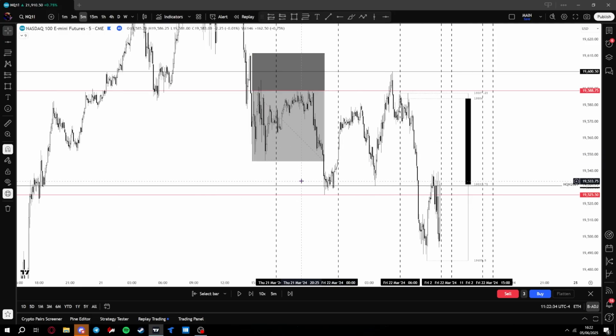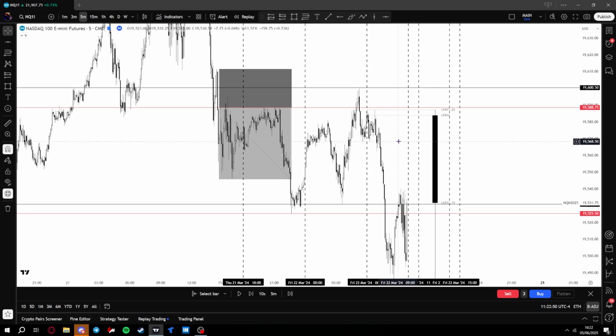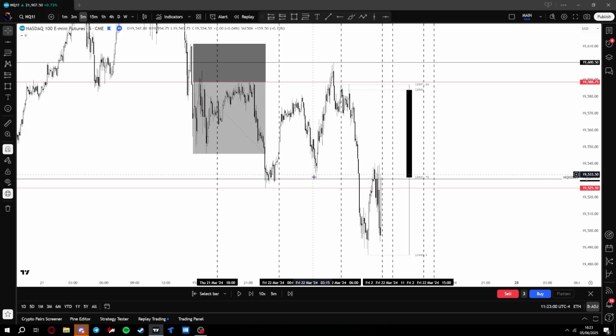This is the next day, for example. As you can see, we marked out our 8 p.m., midnight, 6 a.m., 10 a.m., 11 a.m., 2 p.m., 3 p.m. And we can see here that we had this range, so these highs and lows for Asia, and we had these highs and lows for London.